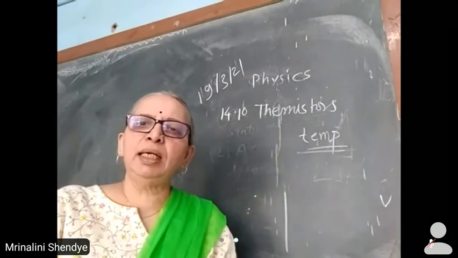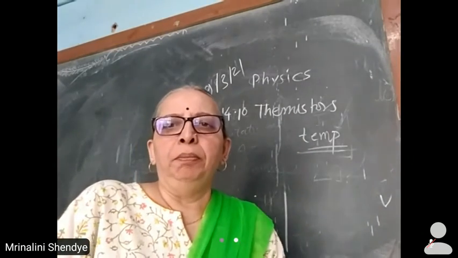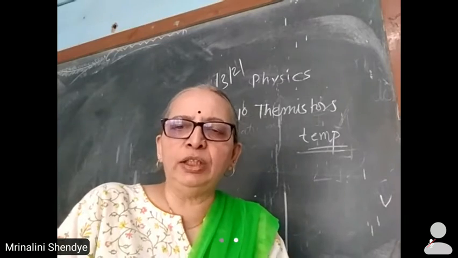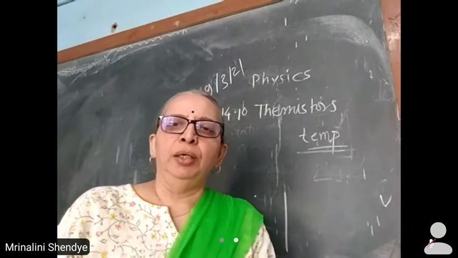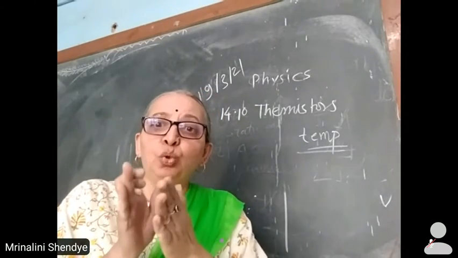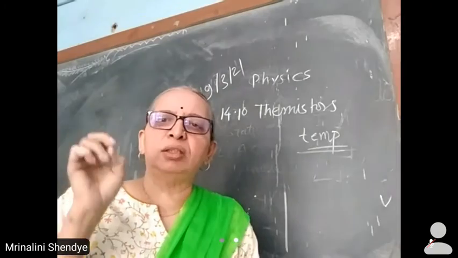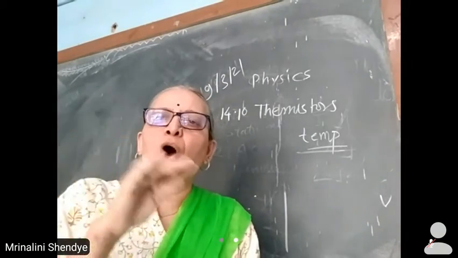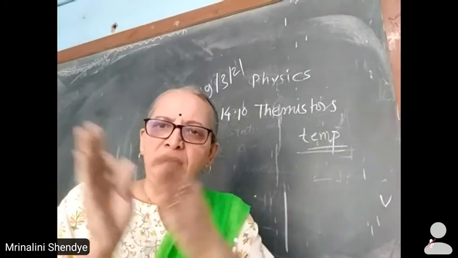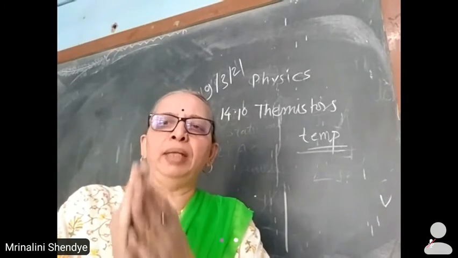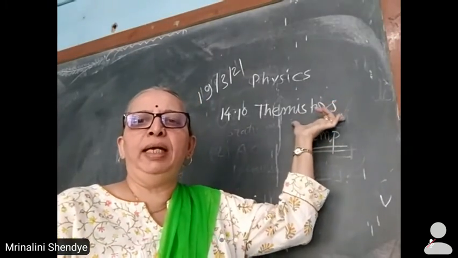These thermistors are made up of powders of oxides of semiconductors mixed together in suitable proportion. So the oxides of semiconductor materials are powdered, different powders are mixed in proportion, and from that we derive thermistors.